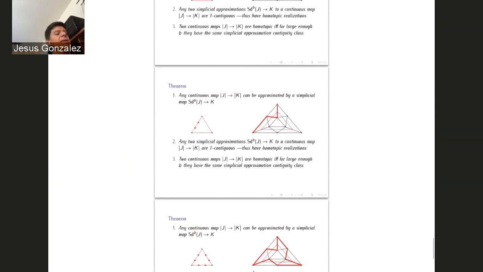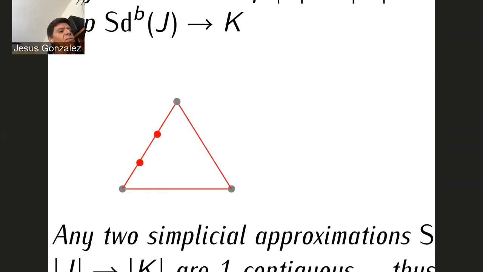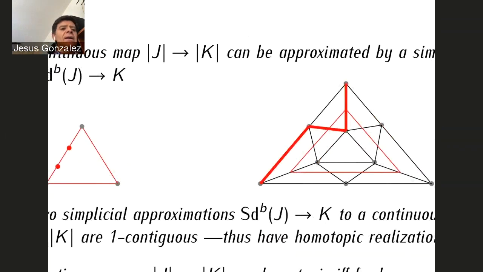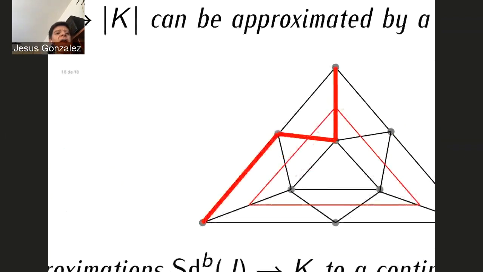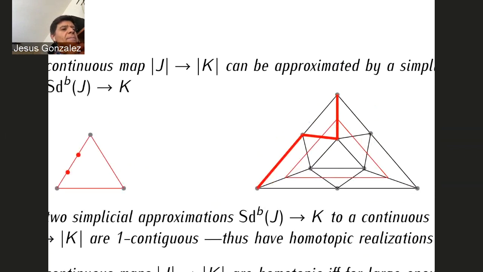Notice that this edge of the triangle can be divided into three pieces, and each one of the three pieces goes into a corresponding triangle on the left side of this triangle annulus. Then you can consider the simplicial map suggested by the darker red line, and this approximates the original map in the sense that each of the three segments into which you divided one of the sides of the left triangle is sent into one common triangle.